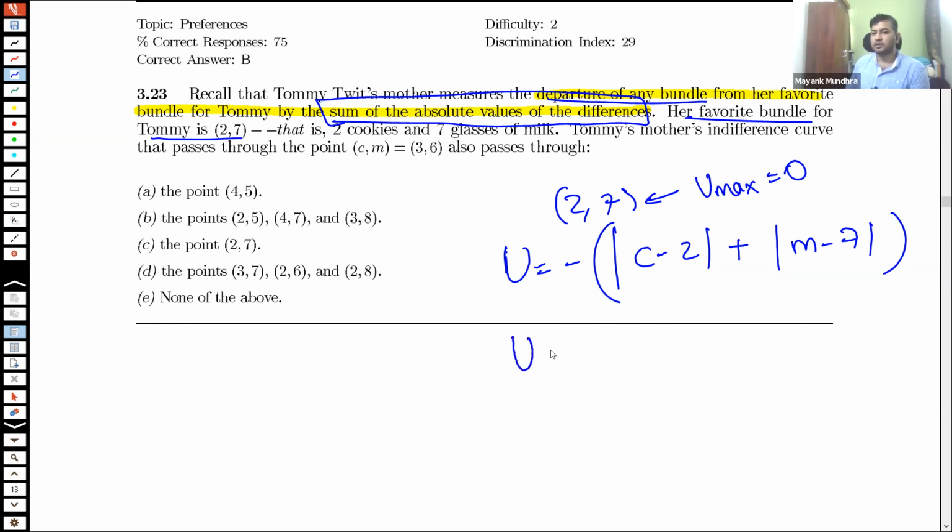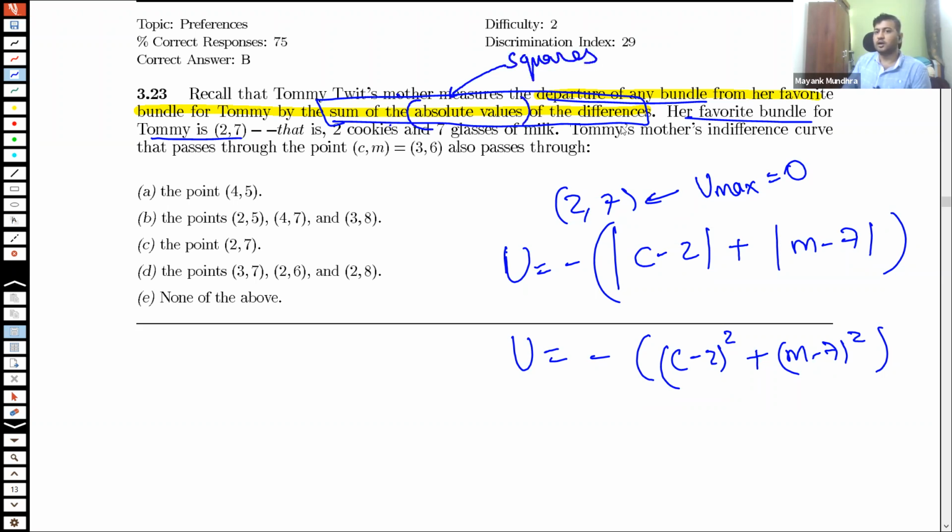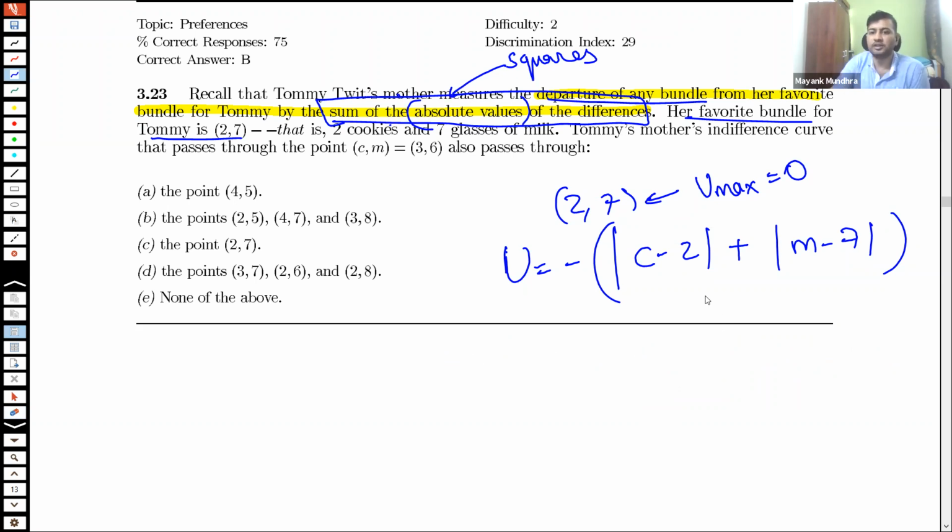Another way to capture the similar thing would be negative of (c minus 2) whole square plus (m minus 7) whole square, something we did right now. But the difference is now the departure is not the sum of absolute values, it is the sum of squares. Had the word been sum of squares of the differences, then this would have been the utility function. But that's not the case here. So we are going to rely on this particular utility function.